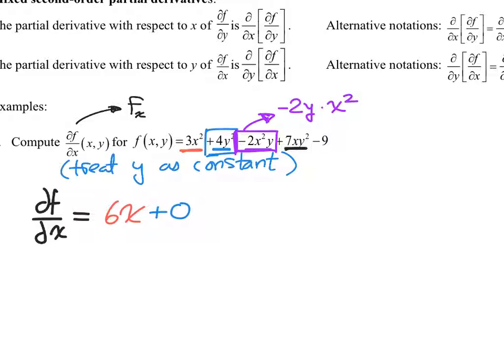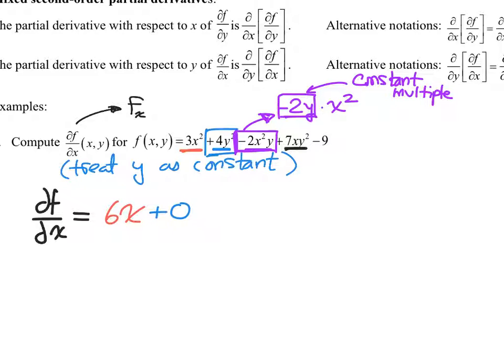All right, because y is constant, that makes the negative 2y into a constant multiple. Or a scalar multiple. So when we take the derivative using the power rule, we take the power, multiply it by the coefficient, reduce the power by 1.